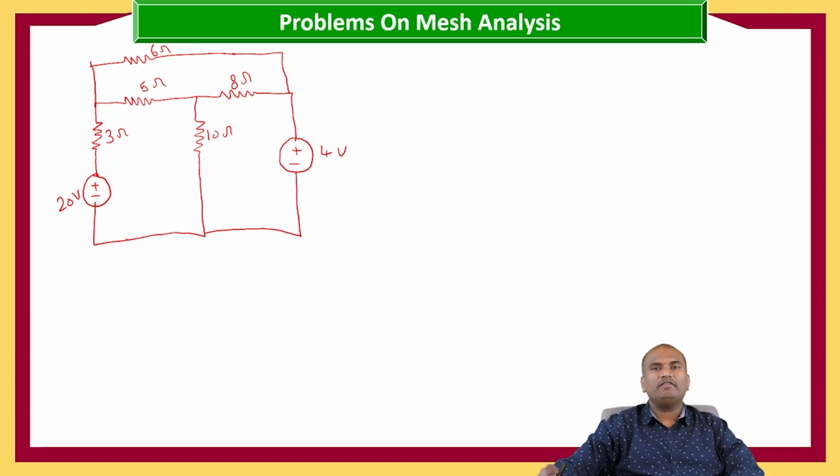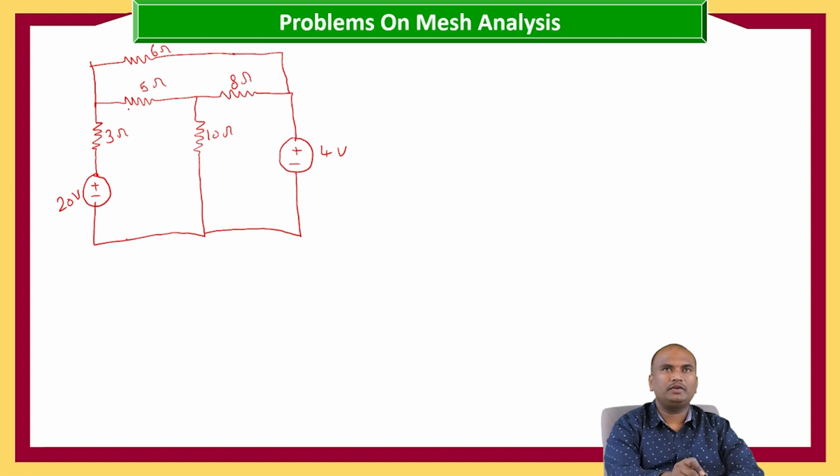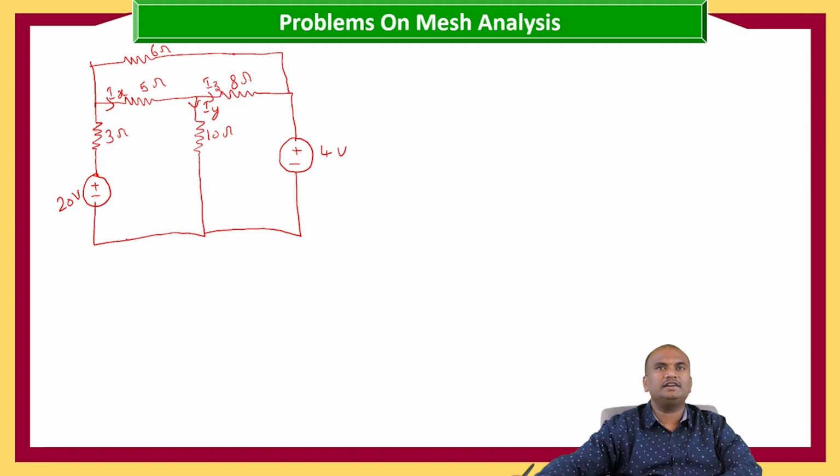Now here we are having 3 meshes, and we need to calculate the currents flowing through 5 ohms, 10 ohms, and 8 ohms. Ix, Iy, Iz we need to calculate.